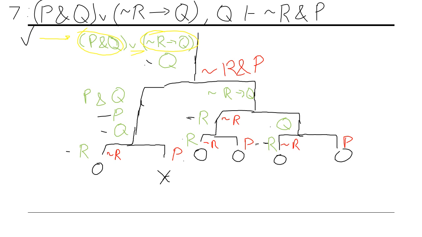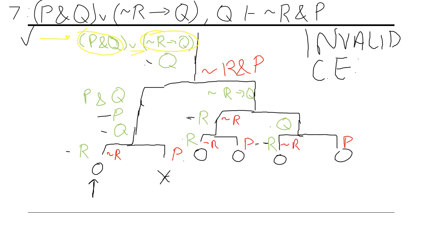So now we need to go back through, create a counterexample. I'm going to pick this one over here. So it's invalid because I have at least one open branch. I actually have a bunch of them.